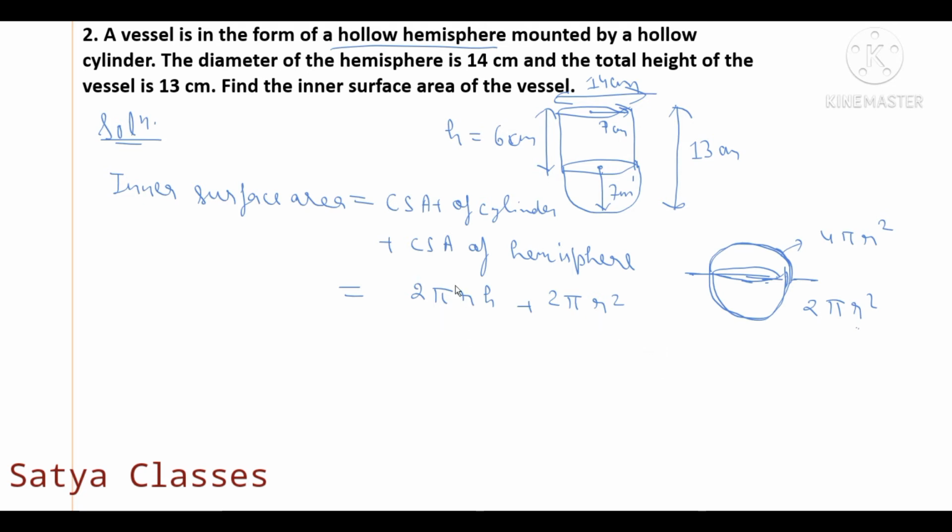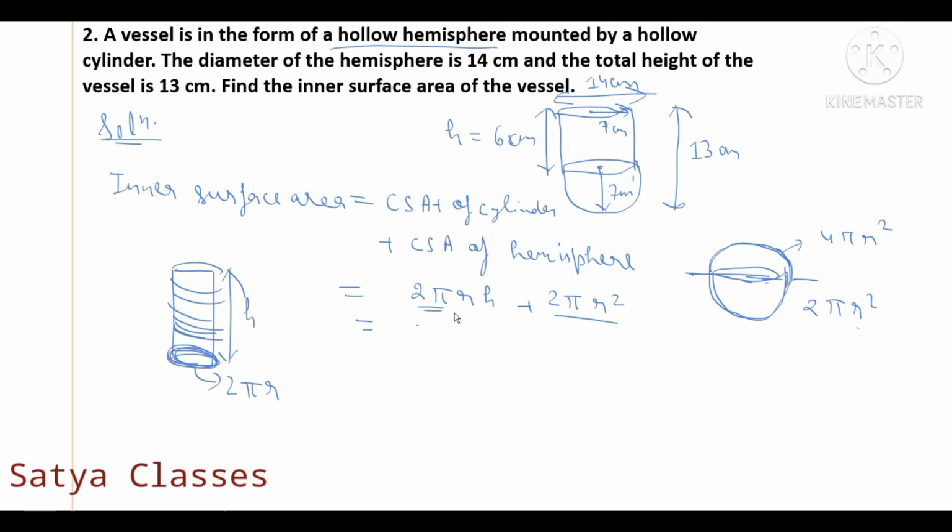And what about 2πrh? Just have a look over it. This is a cylinder and the base circumference is 2πr, and as you multiply this 2πr with h, you will get the surface area. Understand?